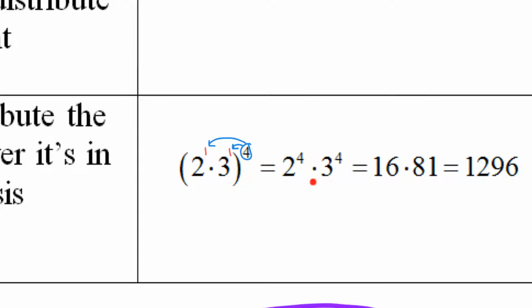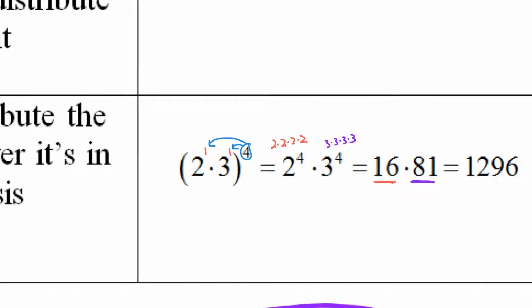You guys can simplify that. 2 to the 4th power, that's actually multiplying 2 by itself 4 times. So you can use a calculator, or you can multiply 2 times 2 times 2 times 2. And that's going to be 16. And then you multiply 3 to the 4th power. So that's 3 times 3 times 3 times 3. And that's going to be 81.